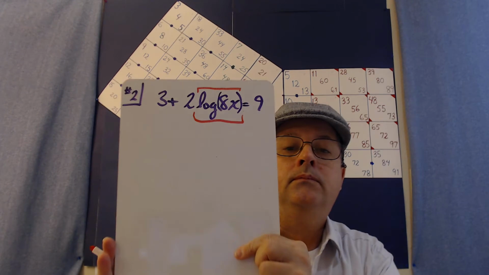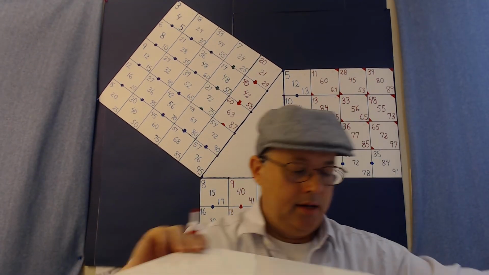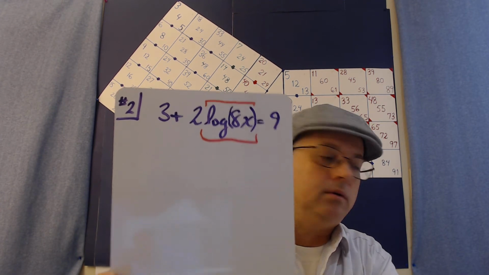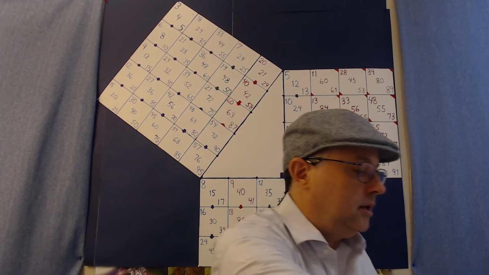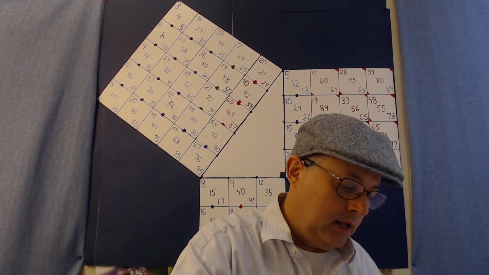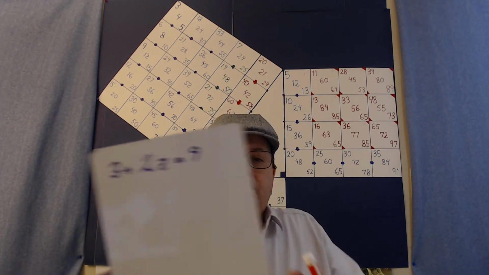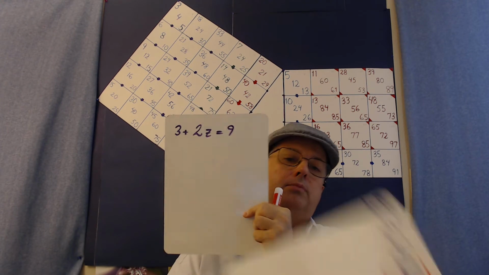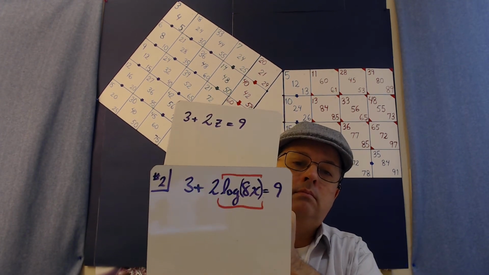And so what you want to imagine is that in this equation, there's our logarithmic expression in the red bracket part, and this is 3 plus 2z equals 9. See, there's a variable right there, just like the variable expression.